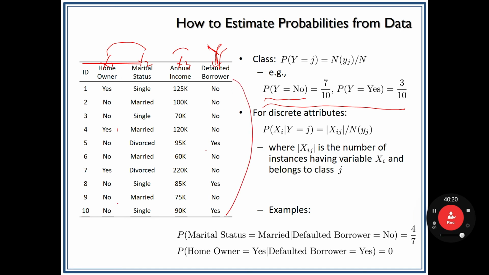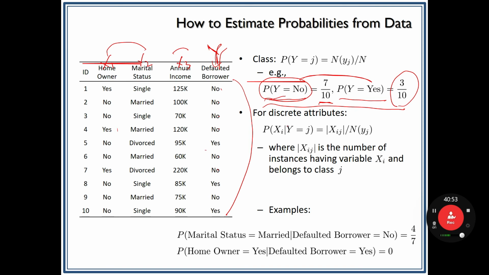There are 10 observations, and there are 7 no's: 1, 2, 3, 4, 5, 6, 7. We estimate this prior probability by taking the proportion of observations having no in the y column. Likewise, the probability y equals yes is 3 over 10. Okay, these are the prior probabilities.